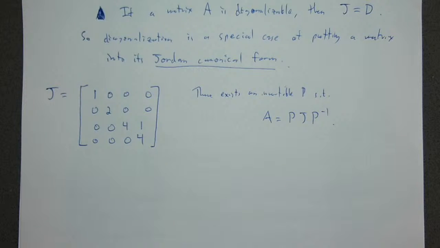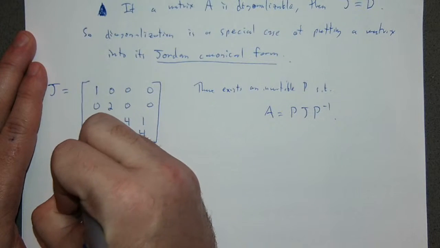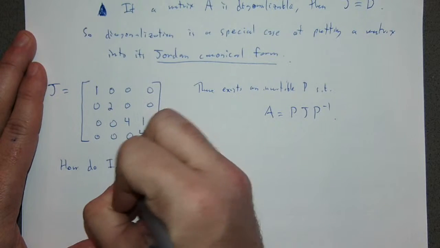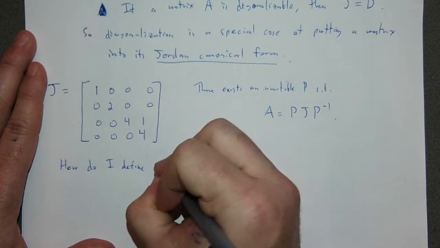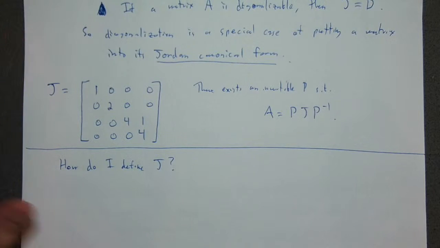Now, how do I actually define this thing? So how do I define it? So let me move on past this example, although I'll return to it to show some decent notation here.